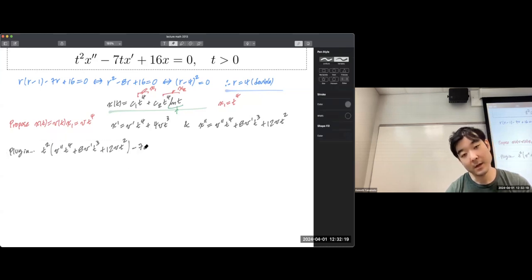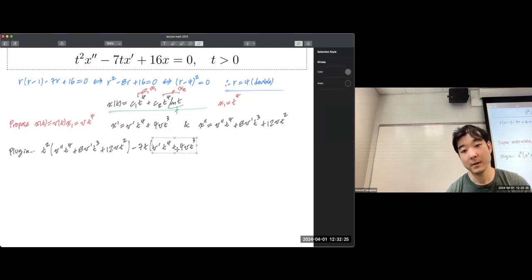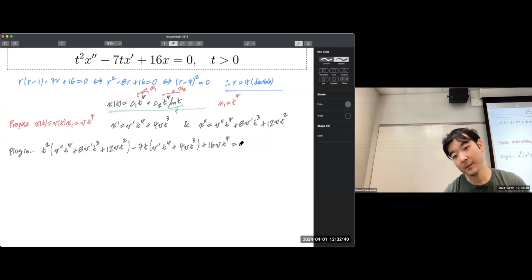Minus 7 times t times our x prime, which is all this. Plus 16 times our v times t to the 4. So this is our actual x. Okay, and this has to equal 0.